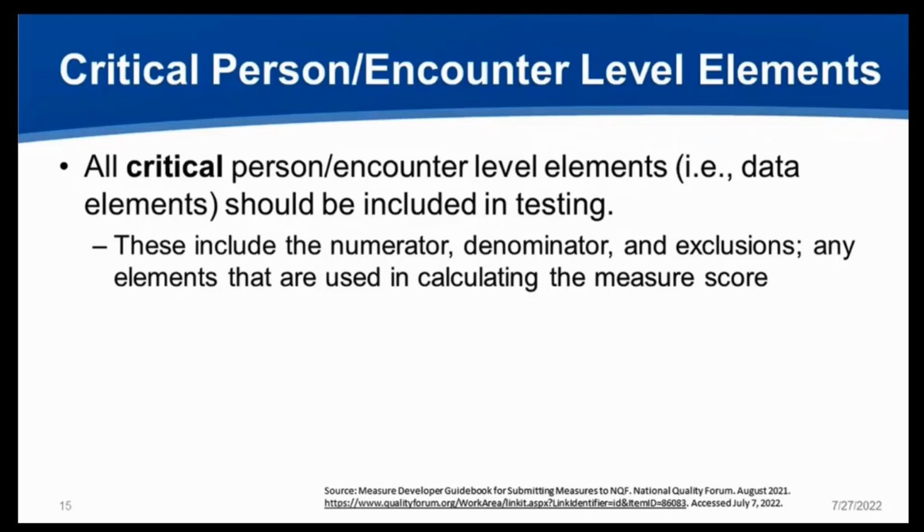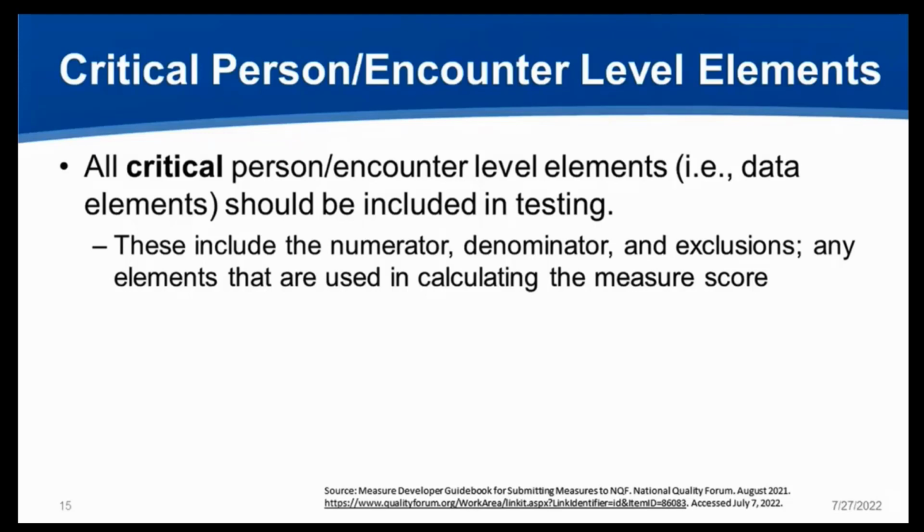The most commonly accepted approach to test critical person/encounter level data elements is to compare the data element to something that could be considered a gold standard, and evaluate the agreement between what comes out of the measure data element and that source of truth.